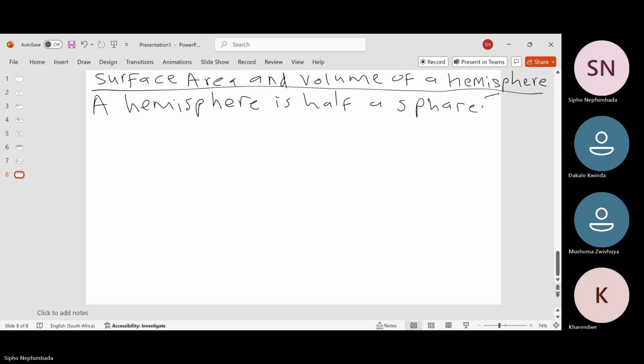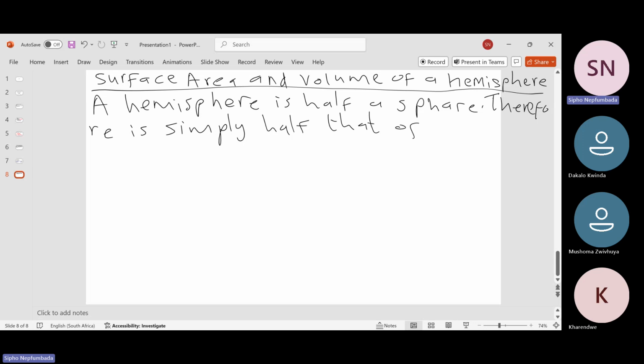Therefore, it is simply half that of a sphere.